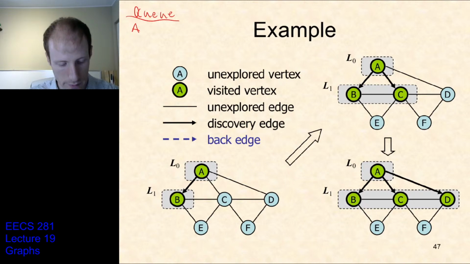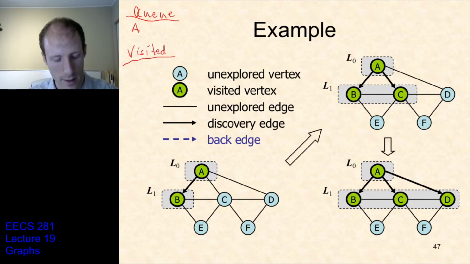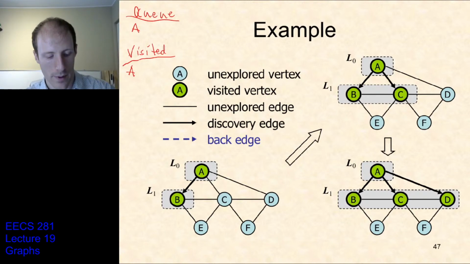Sorry, I should also write down what nodes have been visited. So when we push A into the queue, we also mark A as visited. Now in our while loop, remember, we pop from the queue, and we add the children into the queue. So that's B, C, and D. And we're also going to mark them as visited.